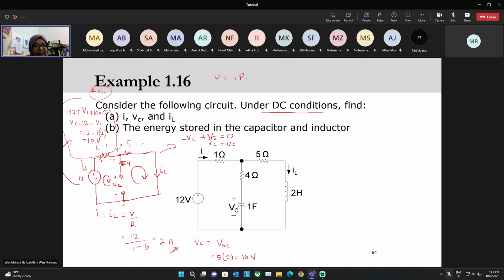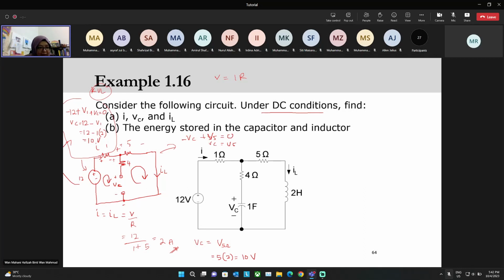Sebab yang ada cuma VC dan 5 ohm je, V5 lah. Kan? Satu closed loop ni cuma ada voltage kat sini dan voltage kat sini. Betul? Voltage 4 ni dah tak ada. So ada dua sebutan voltage sahaja, VC dengan V5.